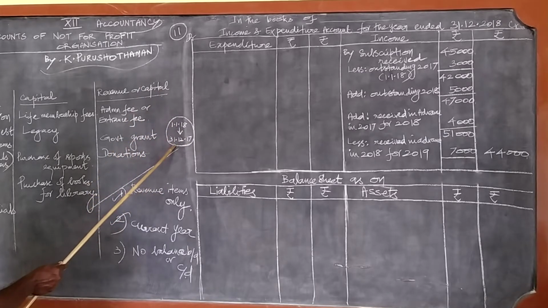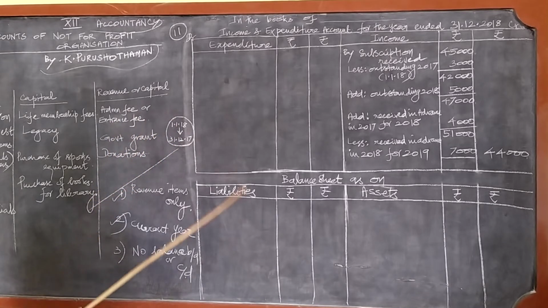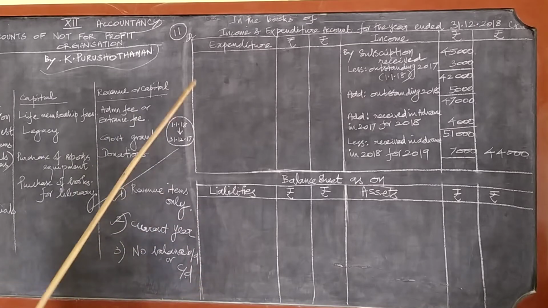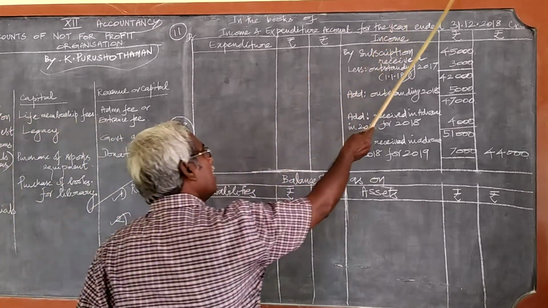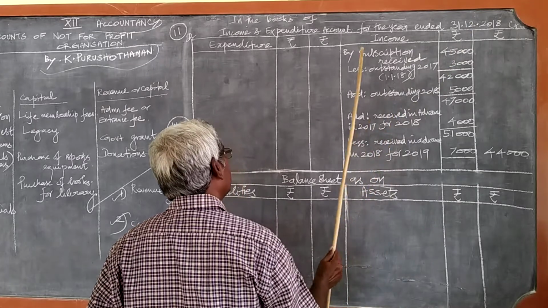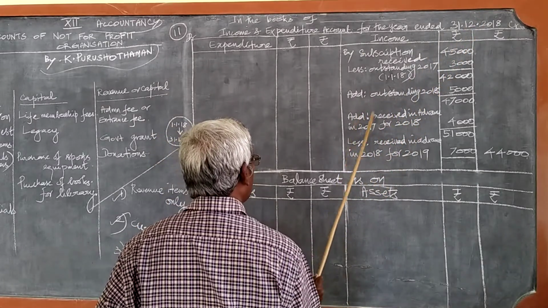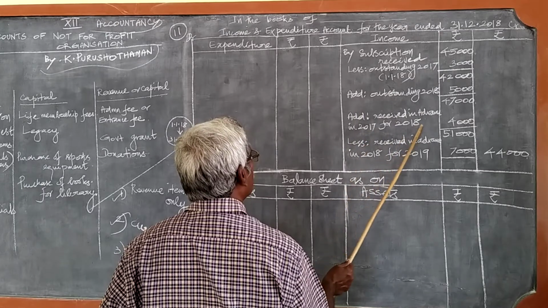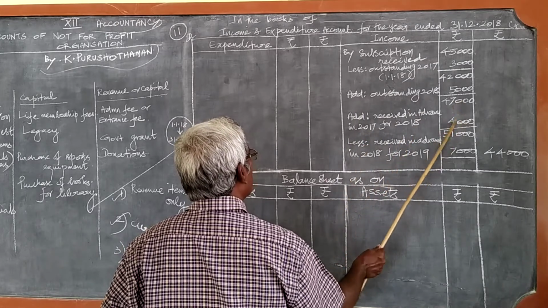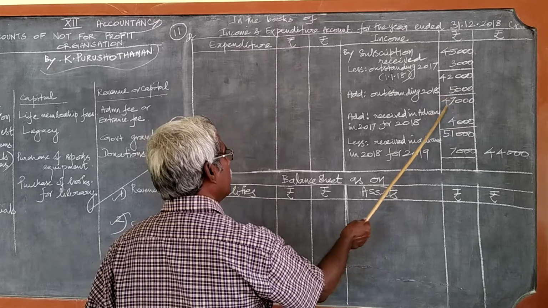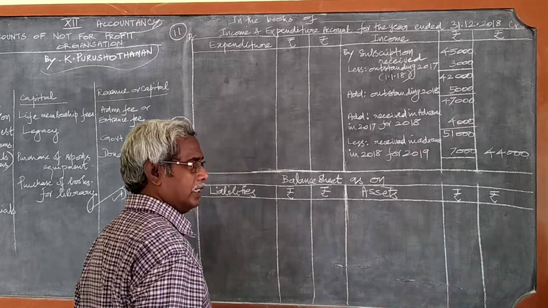So on 31/12/17, that is last year, some amount is received in advance. So if anything is received in advance, it is for 18. For 18 only we are preparing this account. Therefore, this is meant for this year. Add received in advance in 2017 for 2018. Therefore, 4,000 and 47 plus 4, 51,000.